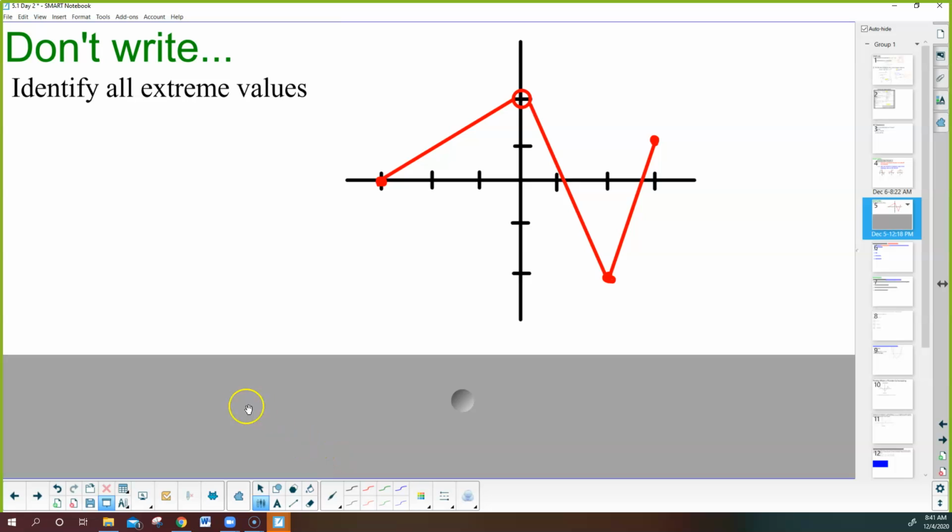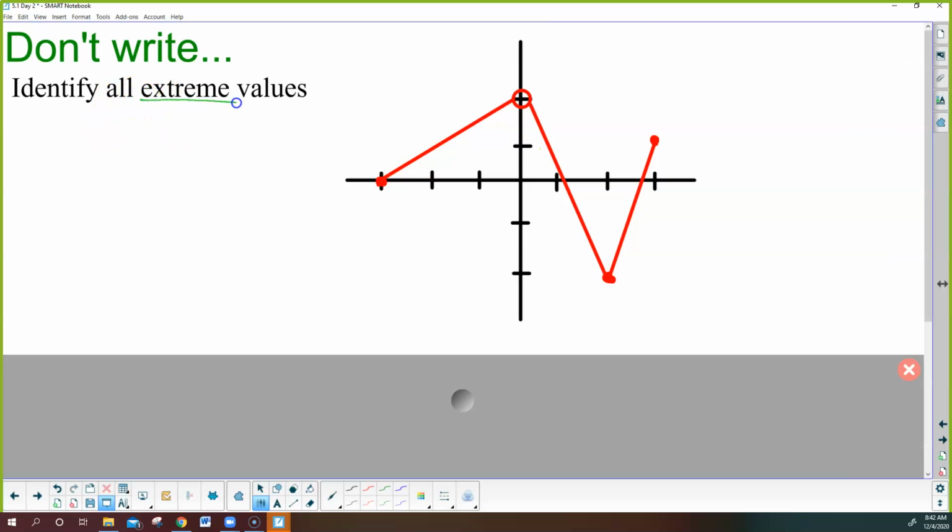There's a handful of things we're not going to write today, just to give you a little exposure. So what if I gave you a graph like this? Identify all extrema or extreme values. All right, if I look through this, well, this is an endpoint. It's a minimum because it's filled in, but it's a special kind of minimum. Right?